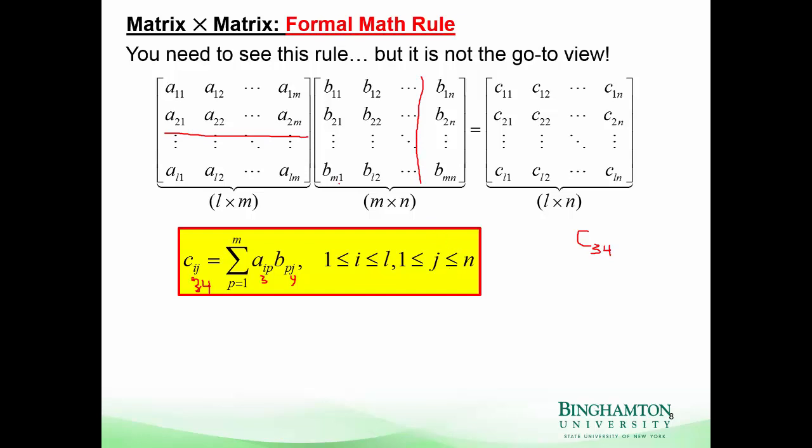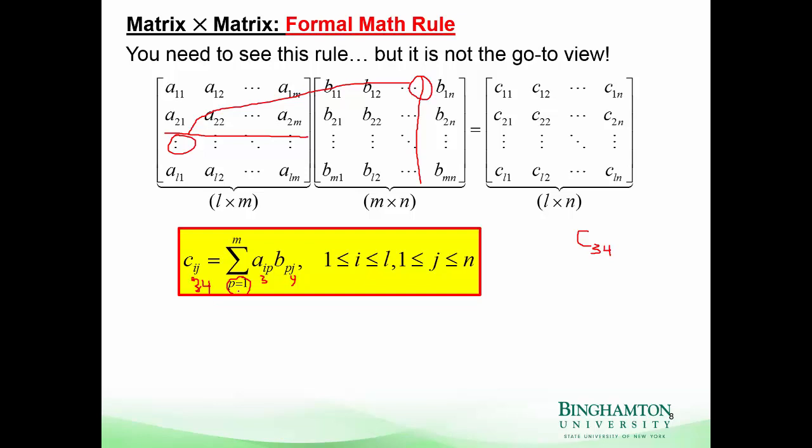And so what are we doing? We're taking, let me do it this way, A31, which would be the element right here, and you can see that that's what we would get as the first term in this sum, times B14. That would form this first term product.